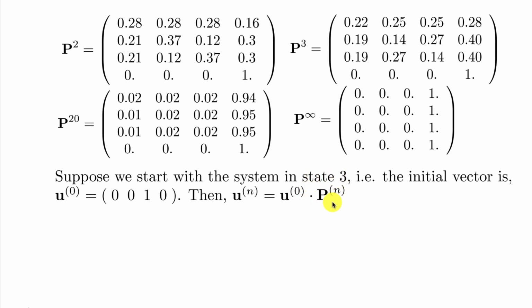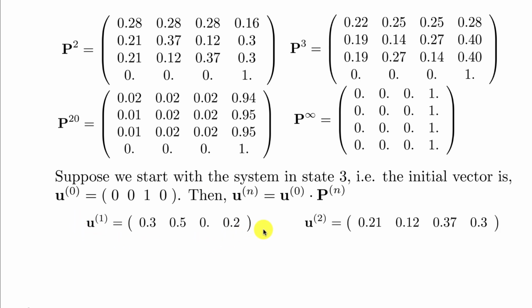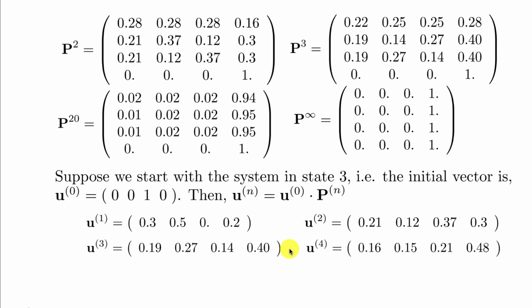And now let's take n equal to 1. In that case, u1 will be simply this. u2 will be here. u3 is this. u4, u20, and now we have u infinity.